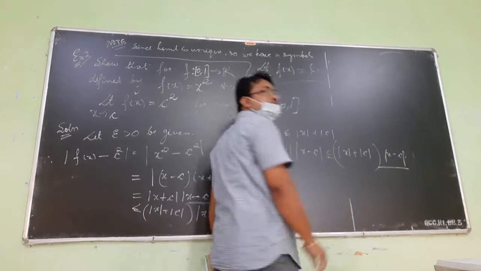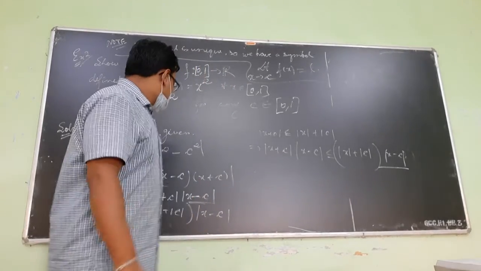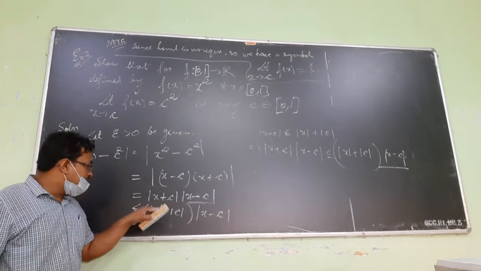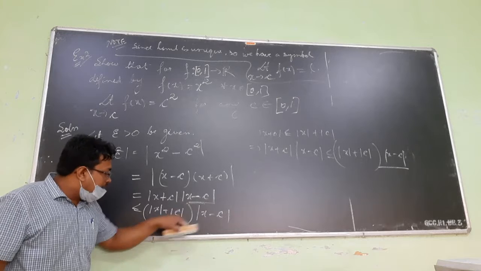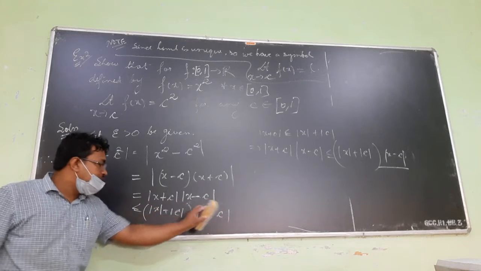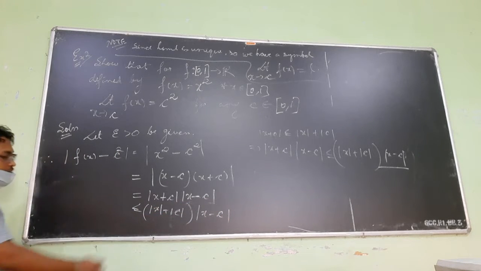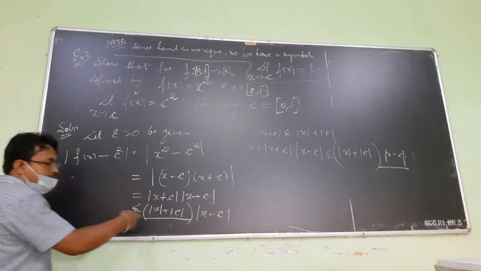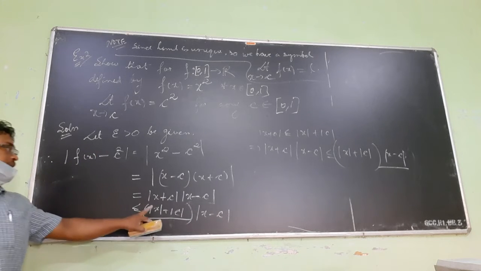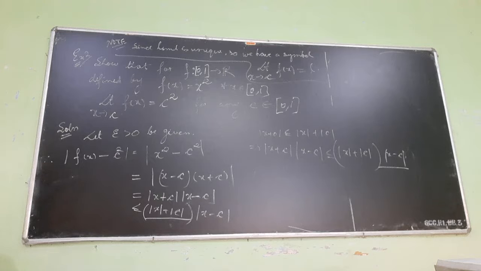Because this is a modulus, this is correct. This is already there. So I have to make it less than some quantity which is not dependent on x. It should be independent of this x.